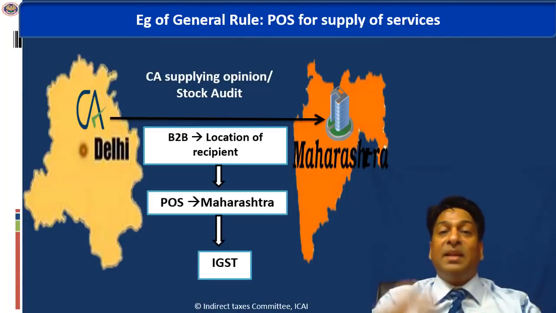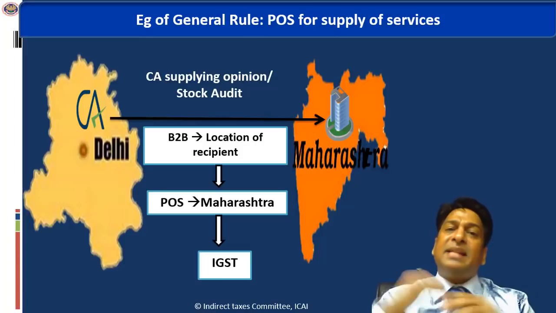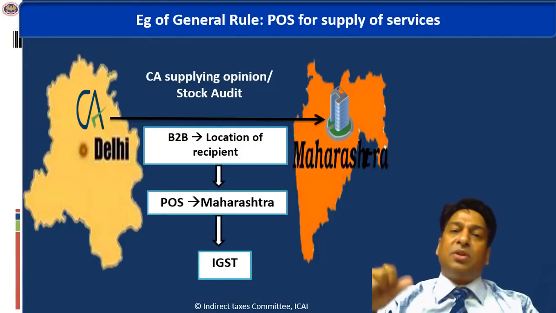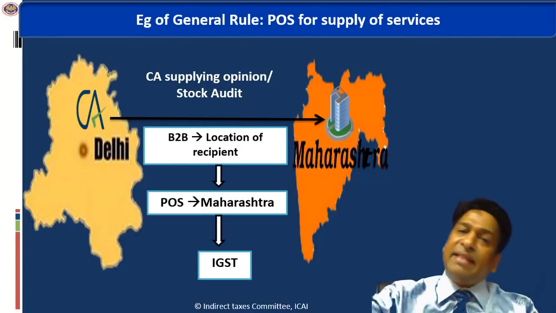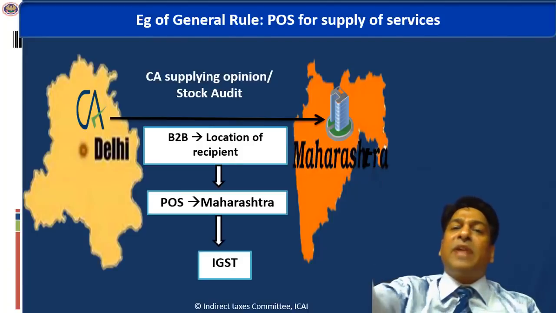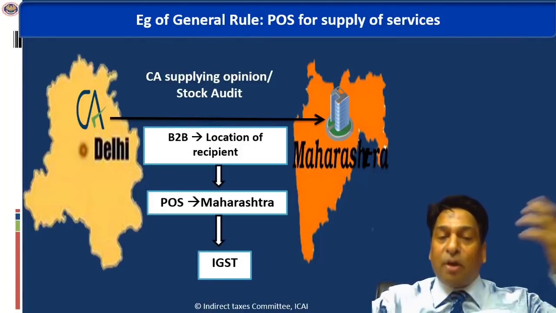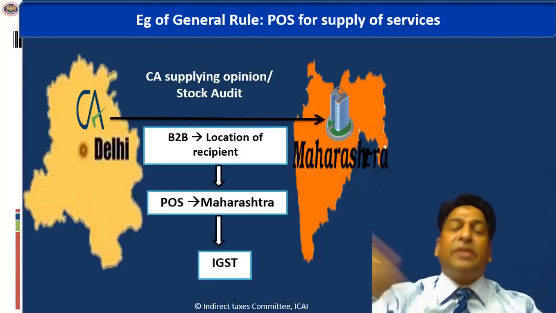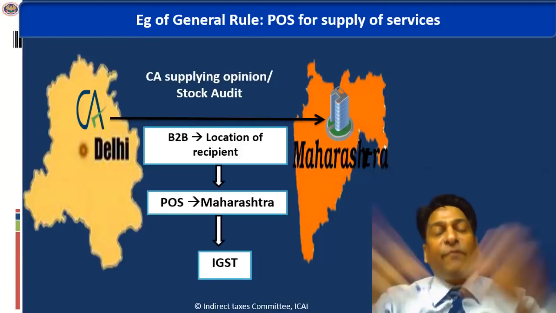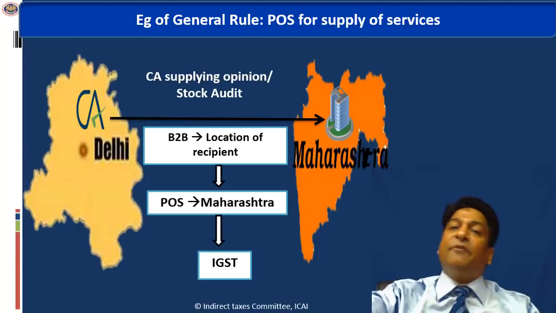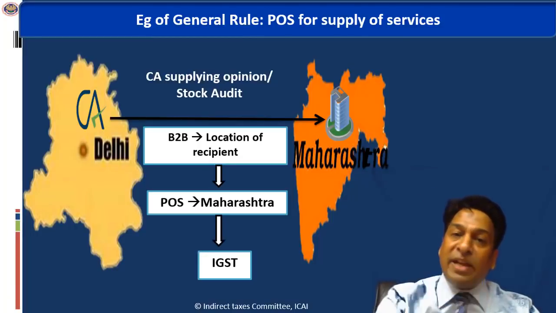One scenario. Second scenario: let's say instead of sending a team from my Delhi location to 4 different locations, I ask my branches in the respective states to undertake the stock audit on my behalf, HO, head office in Delhi. So all 4 branches of my firm undertake stock audit of 4 different locations of the client in 4 different states, and after that they submit the report to HO in Delhi.